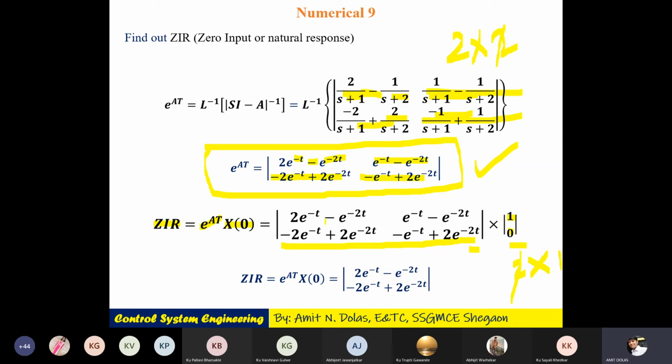So computing for this, you'll get ZIR is equal to 2 e raised to power minus t minus e raised to power minus 2t, and second element minus 2 e raised to power minus t plus 2 into e raised to power minus 2t. इसका मल्टीप्लीकेशन करने के बाद, okay.